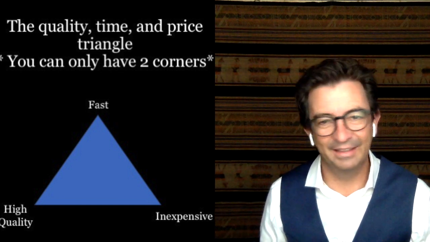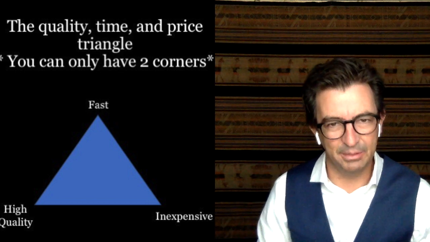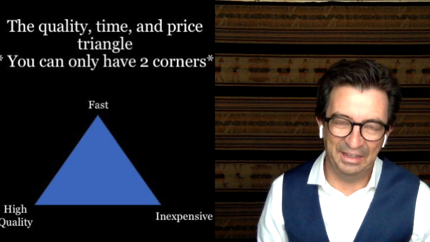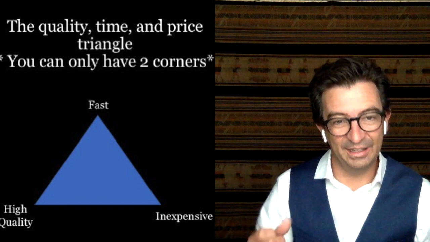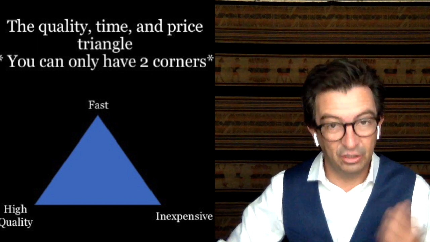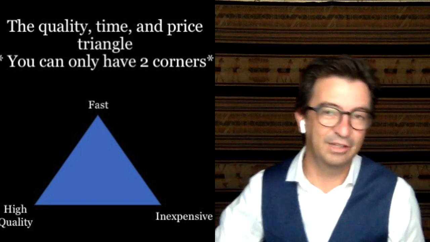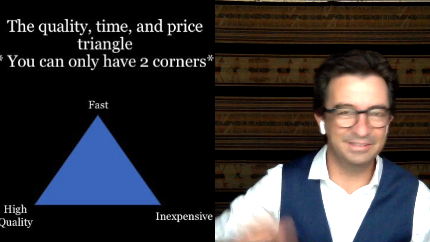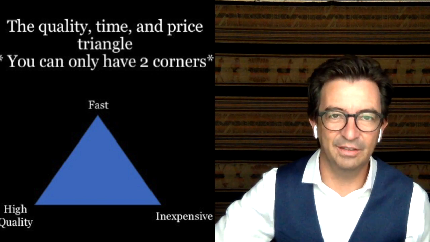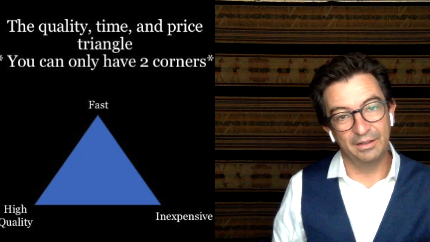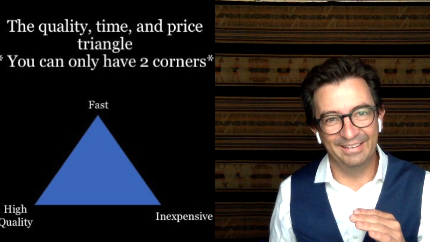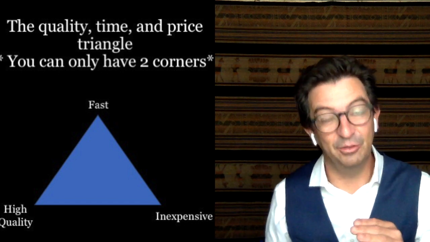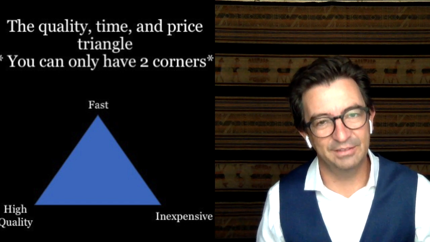You cannot get a high quality, inexpensive, fast research or project in general, right? If you want it fast and inexpensive, you're sacrificing the quality. If you want it fast and high quality, you're sacrificing it being inexpensive. So it's going to cost you a lot of money if you want fast and high quality.